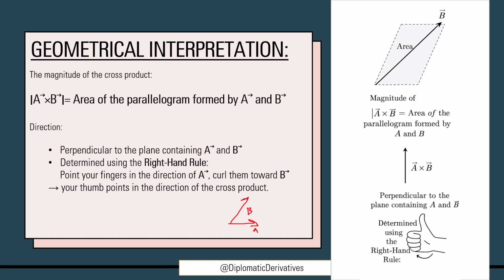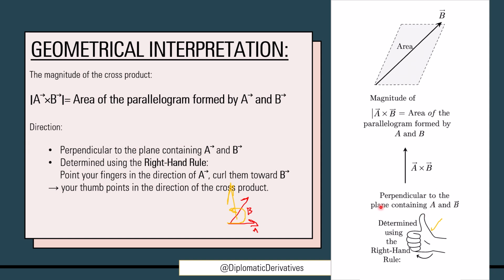You have to curl your fingers in the direction of a, and then curl them towards b. In that way, where is your thumb pointing? Upwards, like this. The direction where the thumb is pointing is the direction of the unit vector.